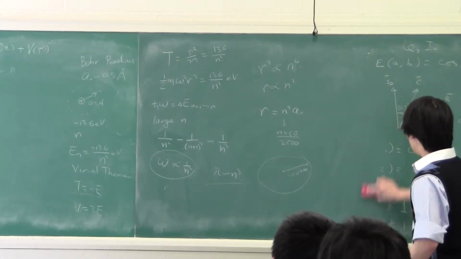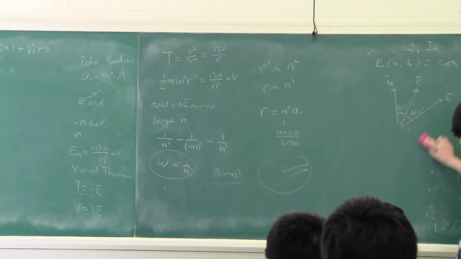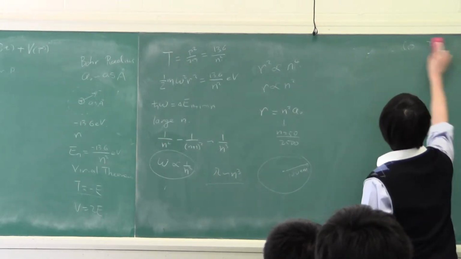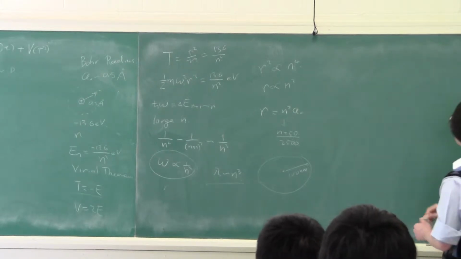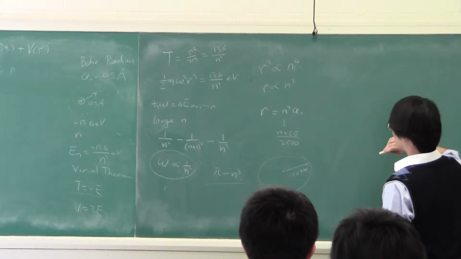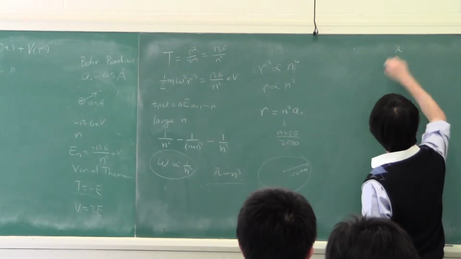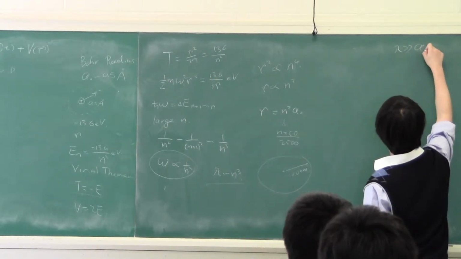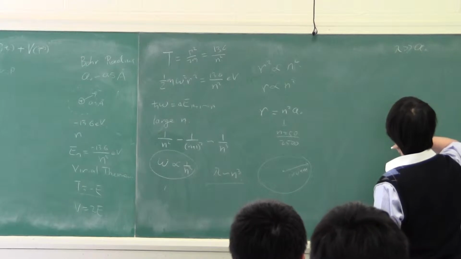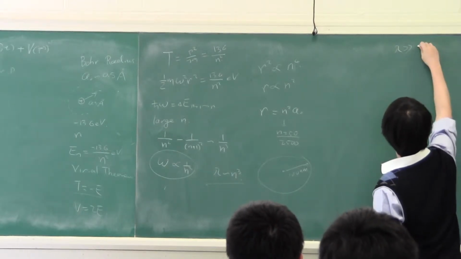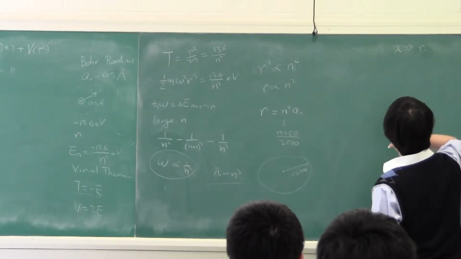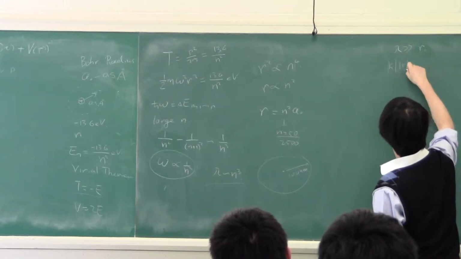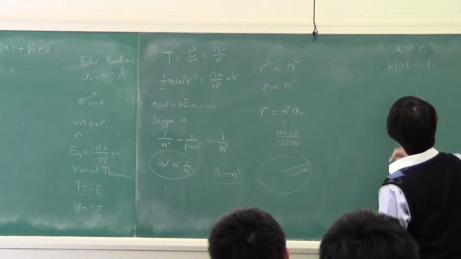So the dipole approximation tells us that we are working in a scenario where the wavelength of the radiation is much greater than a naught, which is equivalent to much greater than R. This is equivalent to saying that K times R is much less than 1.